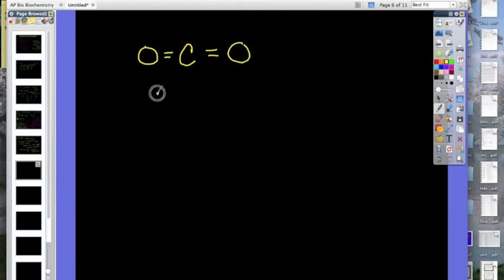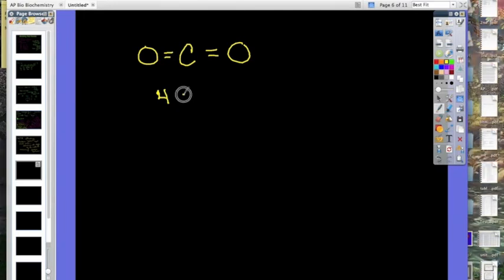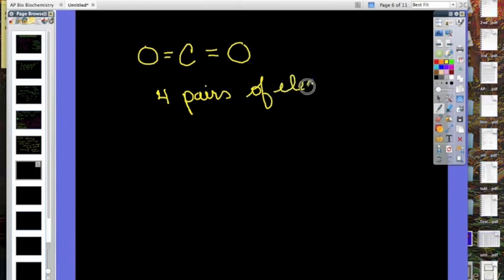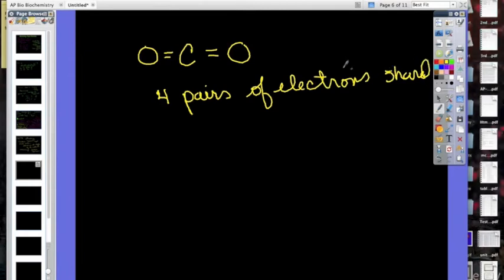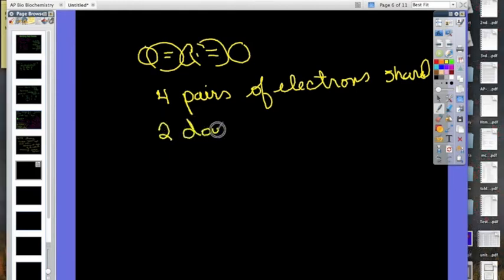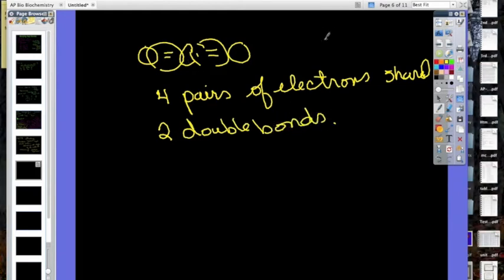So for example, first of all, let's look at this and do a couple things on it. This has 4 pairs of electrons that are shared, and because it is a double line here and a double line here, those are 2 double bonds. Okay, so we have 2 double bonds with our C and O's.